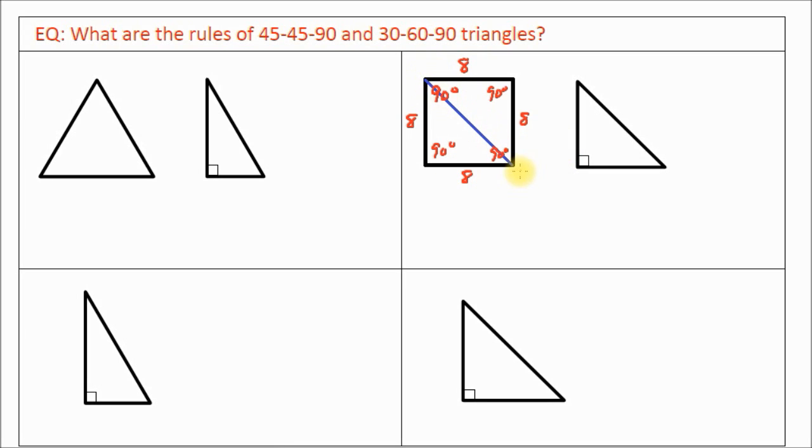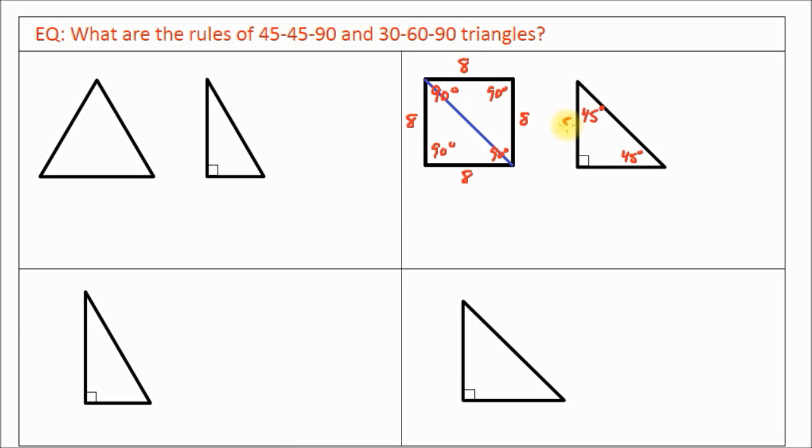When we divide this square in half, we end up getting a triangle that has angle measures of 45 degrees, and of course this right angle hasn't changed, and then this angle is 45 degrees as well. The reason why is because when you draw a diagonal in a square, you bisect or cut in half the upper left and the lower right hand angles. So we end up with this 45, 45, 90 triangle.